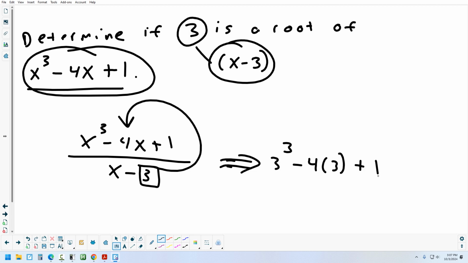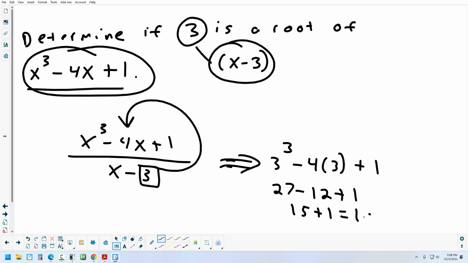What's 3 cubed? 27. And 4 times 3 gives me 12. 27 minus 12 is going to be 15.